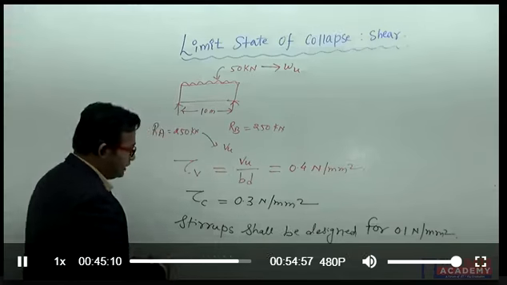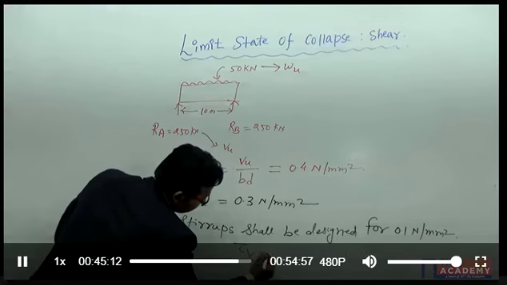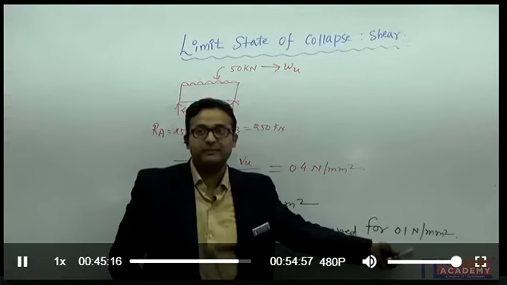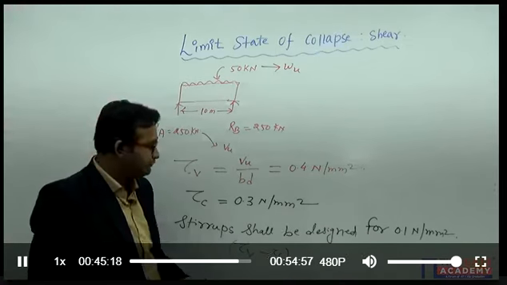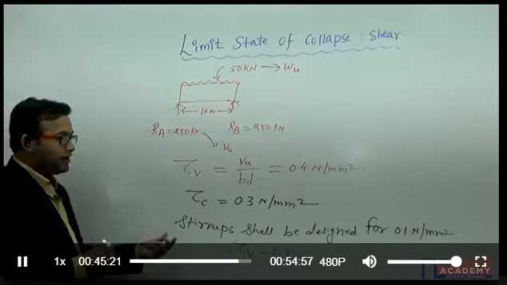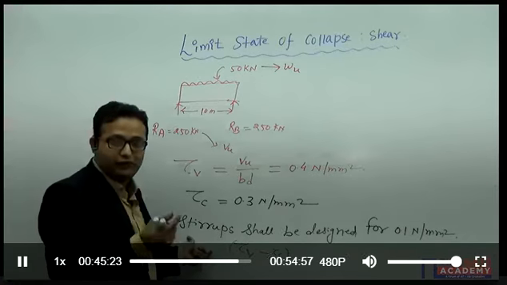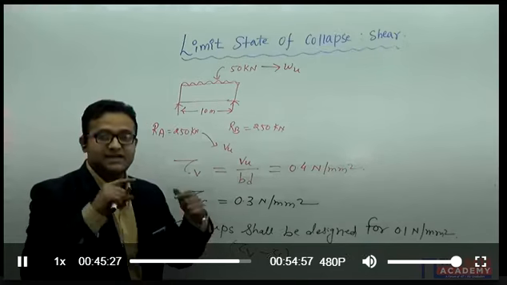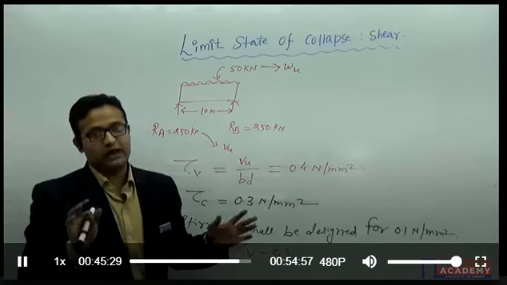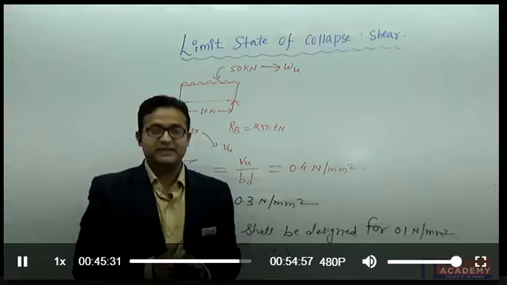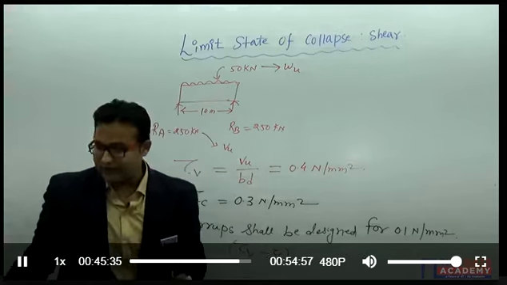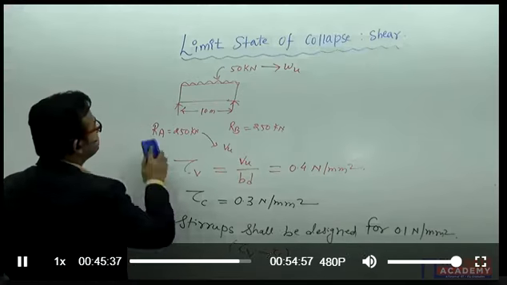It is nothing but equal to tau v minus tau c. So for this particular value of 0.1 Newton per mm square, I should design my shear stirrups. So okay, I came to know I want to design my shear stirrups for 0.1 Newton per mm square, right? So let's design the shear stirrups.